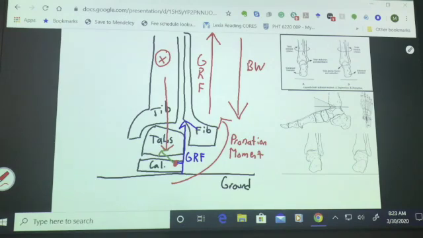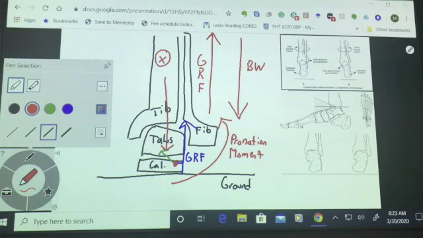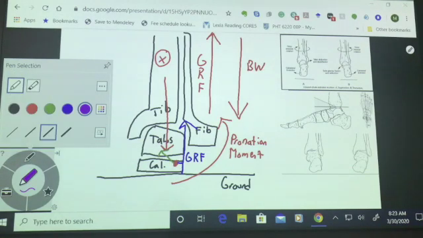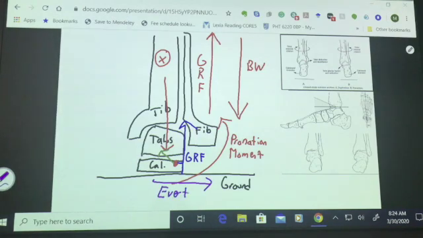Now what happens is that my calcaneus is going to evert, and my talus, because of this moment, is going to invert or adduct.